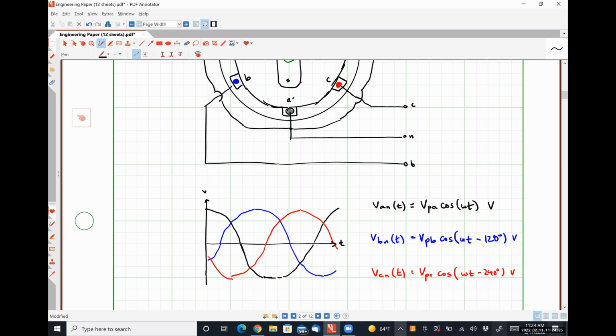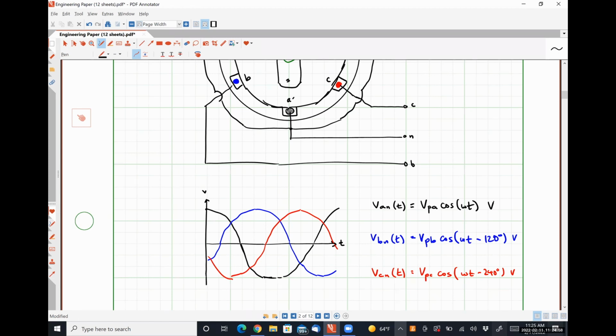We have a bunch of coils, and every time the flux through one coil is at its maximum is when it's at its maximum voltage. If physically the coils associated with phase A, phase B, and phase C are identical, meaning they're made out of the same type and size of conductor, and having the same number of turns, all of the magnitudes of these voltages are going to be the same.